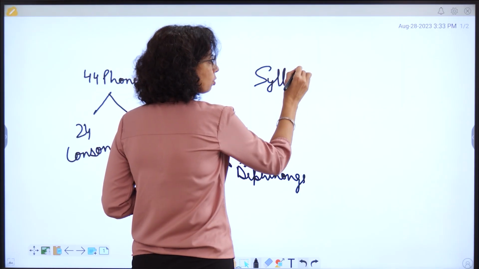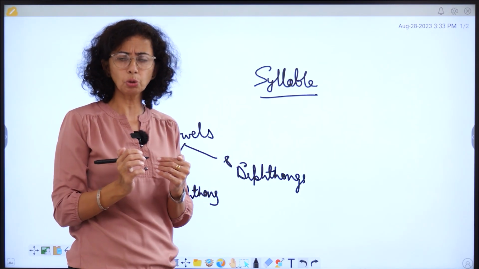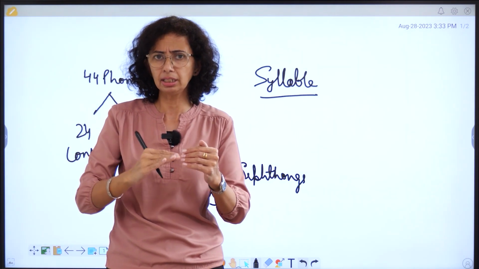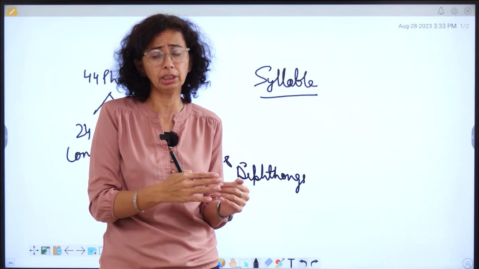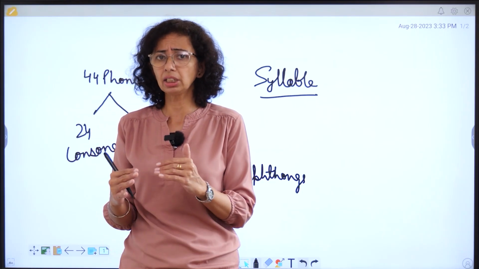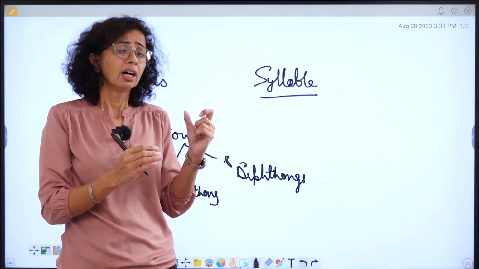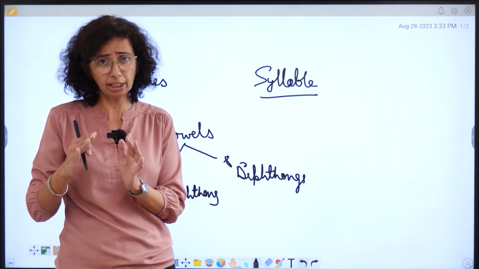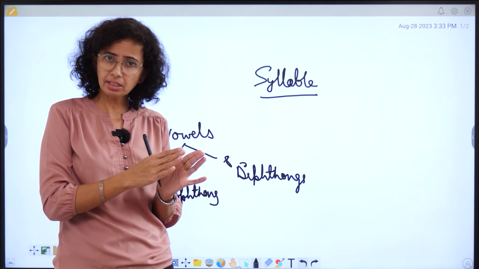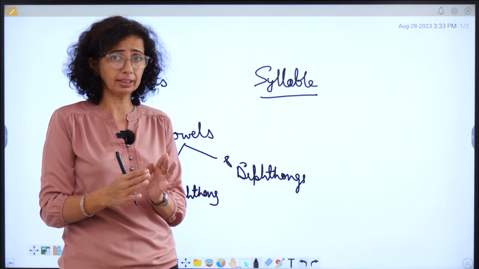So just to start, what is a syllable? Whenever we use the word syllable, a syllable is the next higher unit of speech sounds after phonemes. Let's take a small example from the English alphabet itself. A letter or an alphabet is the smallest unit of English writing. Letters join together to form the next unit, that is word.